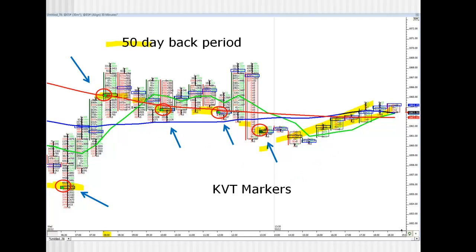And if you notice here too, these three KVT markers that appear are all above the 20, so the 20 seemed to be holding, until we came here, and then it started pushing back up again. These are just some basic observations. We will be looking at actual specific setups using the KVT and the power of the KVT.